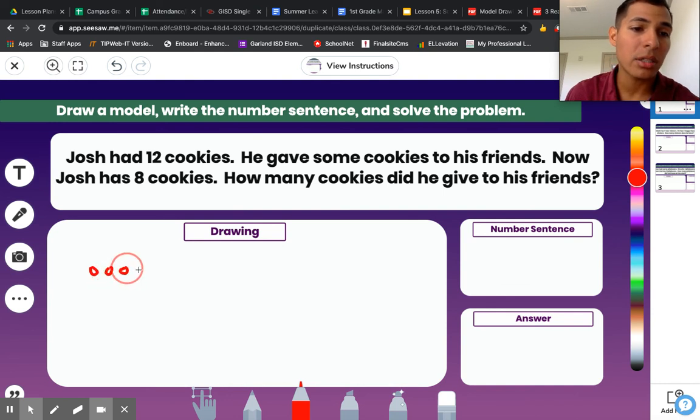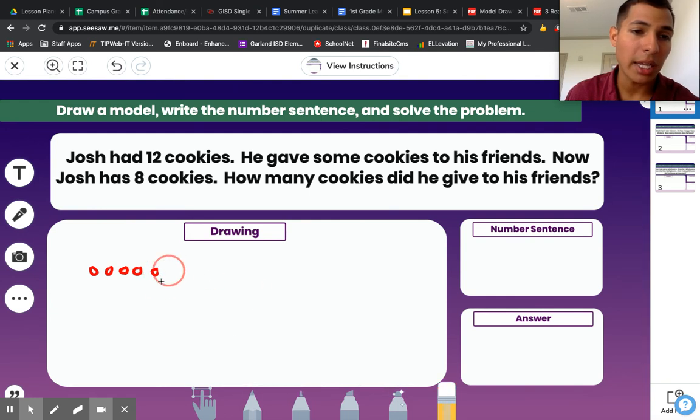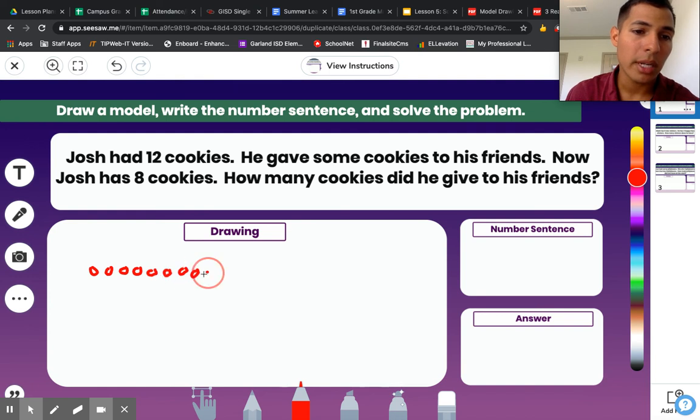I like circles. I'm going to use circles this time. 1, 2, 3, 4, 5, 6, 7, 8, 9, 10, 11, 12. These are my 12 cookies.